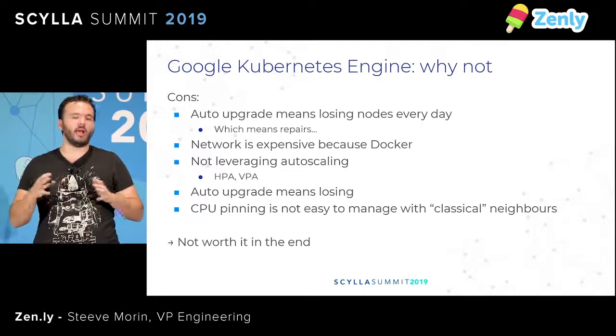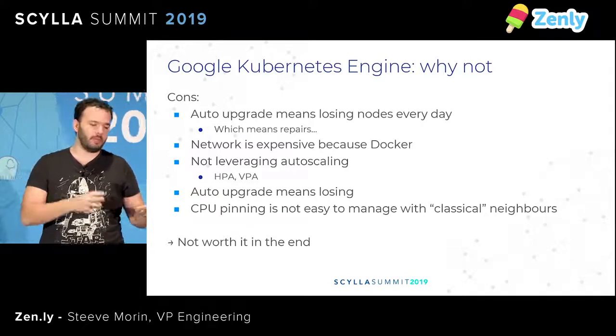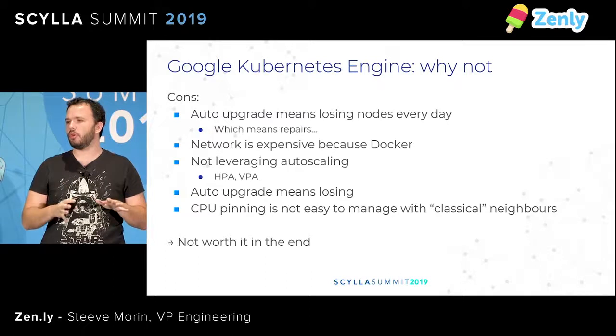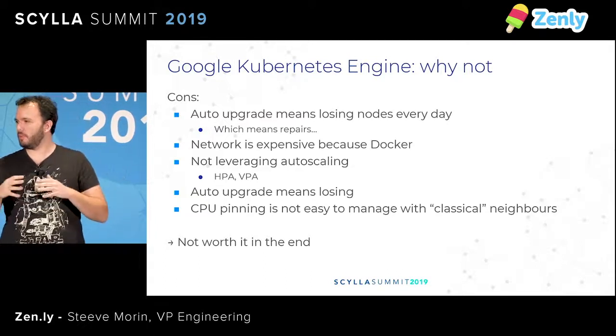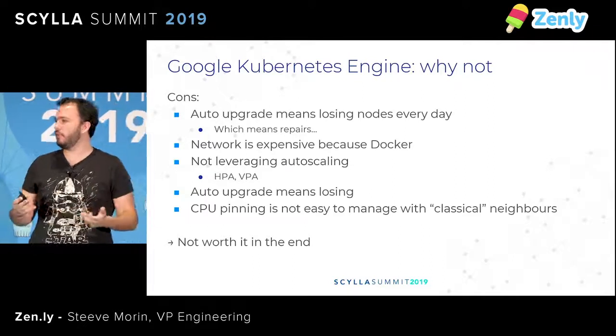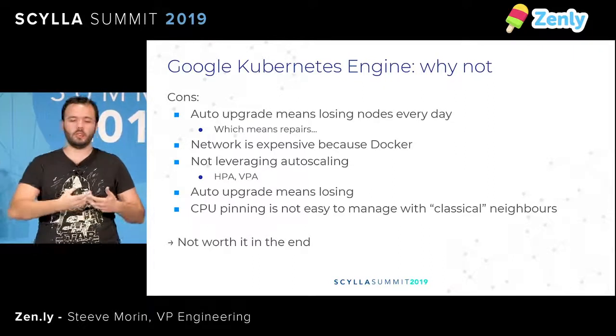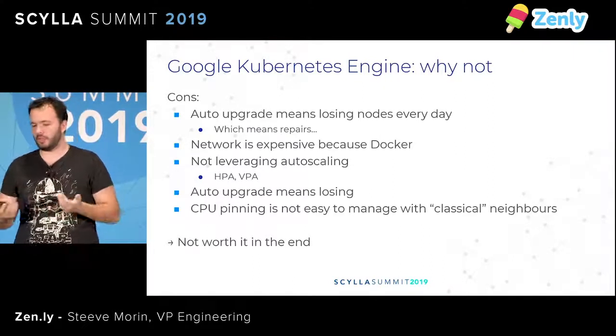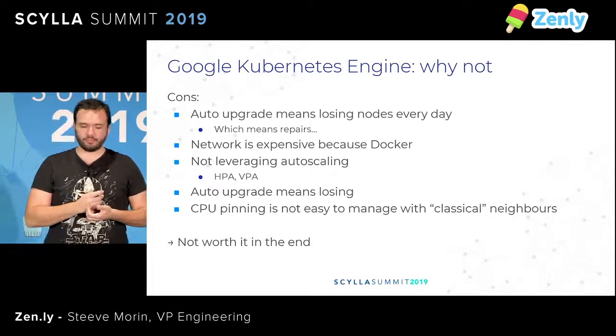Nowadays you can control when that happens, but back in the days, you could not really control it. It was pretty much seamless, but because we had local data, that would mean maintenance, because the new node would go back up and then we had to repair, so not that good.